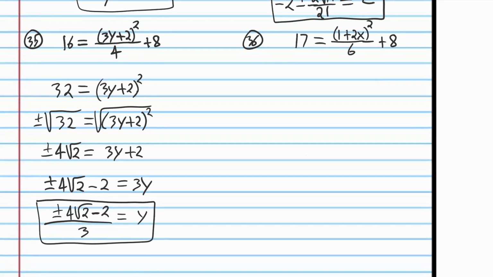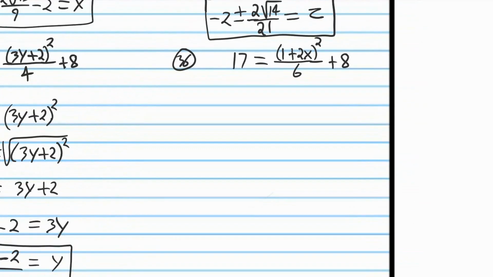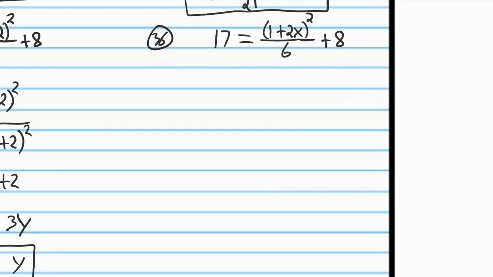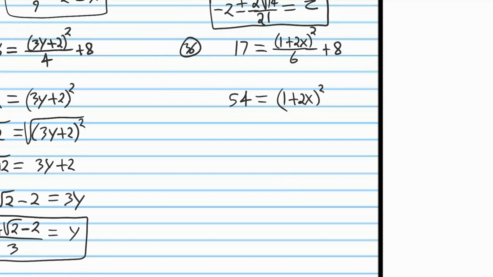All right, we're back. Isolate the square. That would give us 54, it looks like. And then we're going to square root both sides.